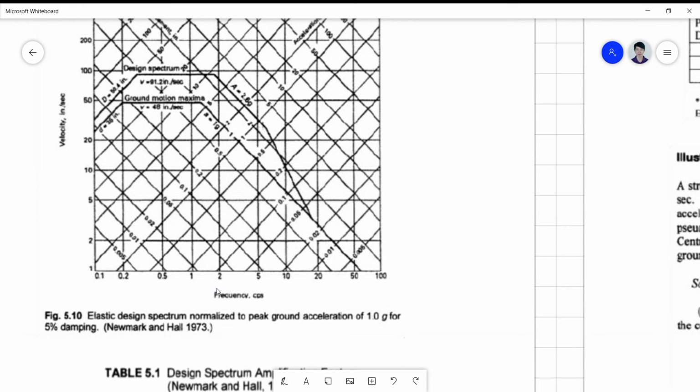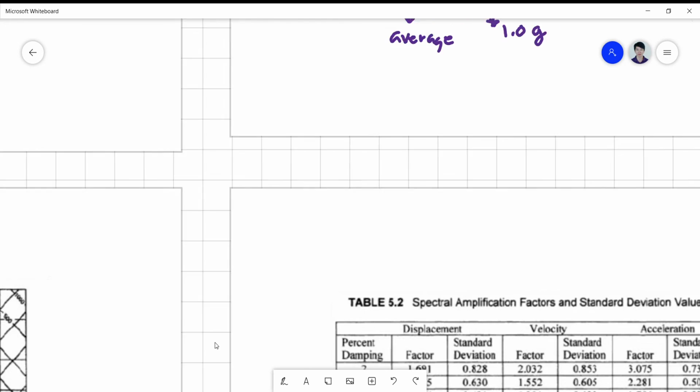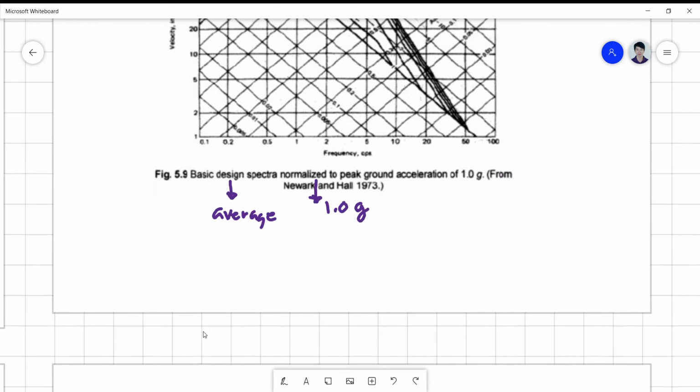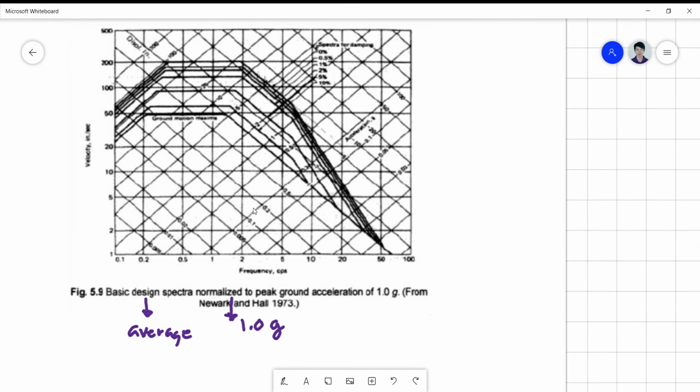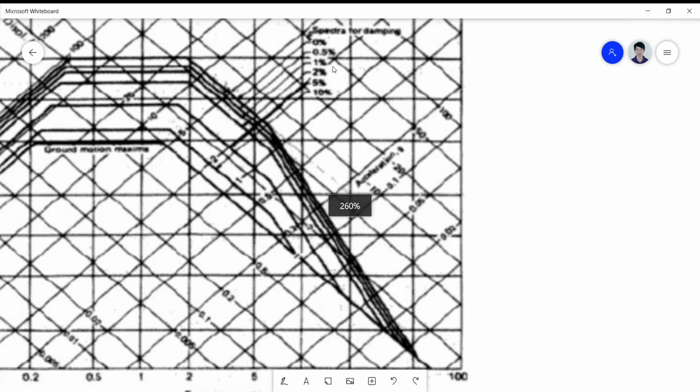Okay, so this is also an example of an elastic design spectrum normalized, but this time damping is considered. By the way, this graph here considers damping in terms of these percentages here. Okay, so this is quite confusing kasi pinagsama-sama na dito yung all the responses assuming different types of damping.